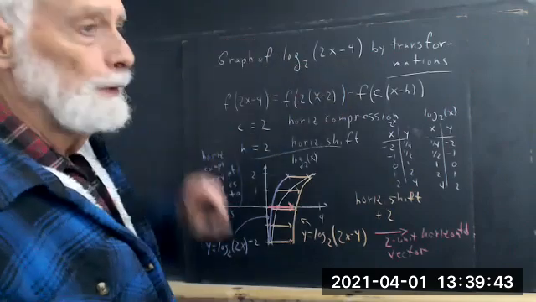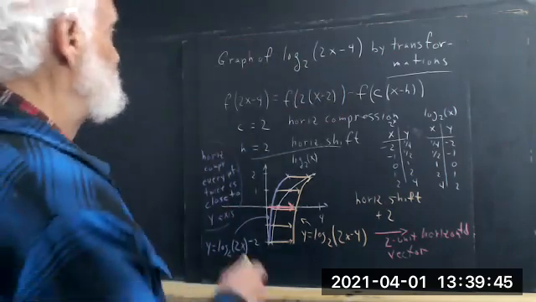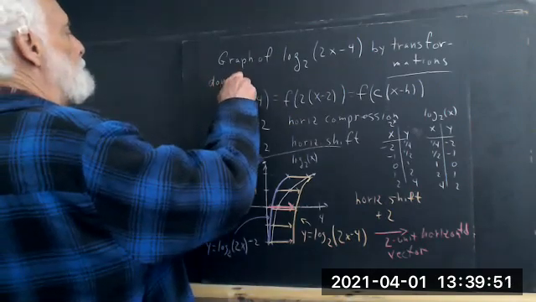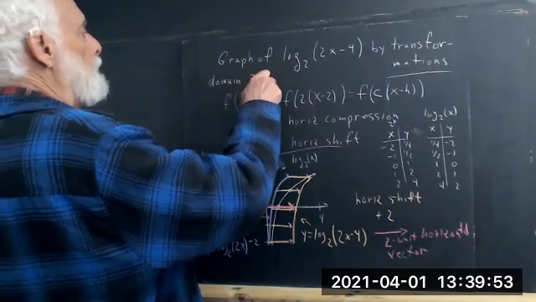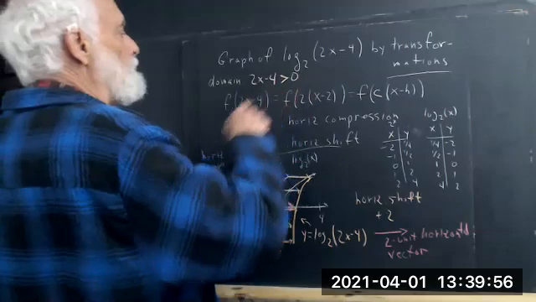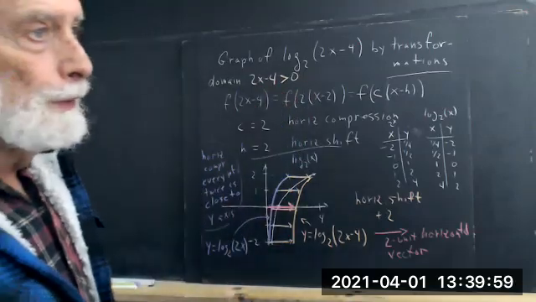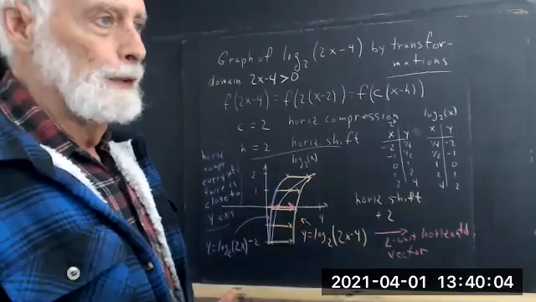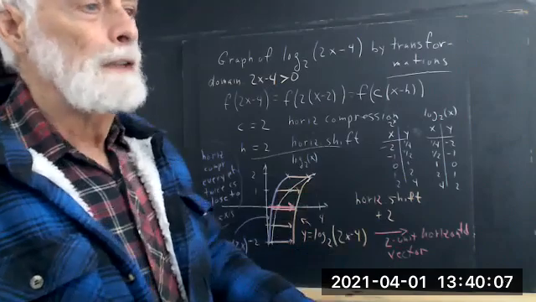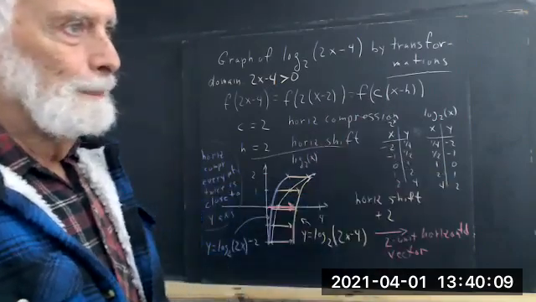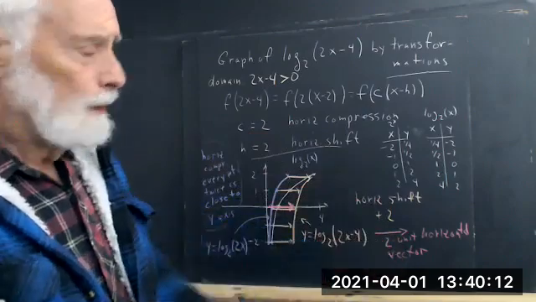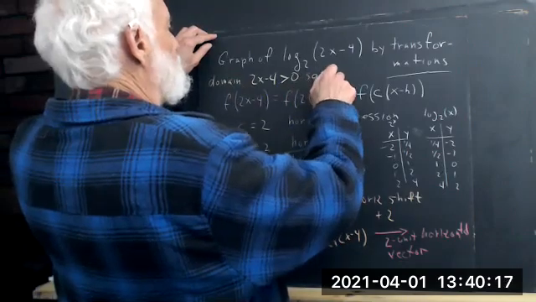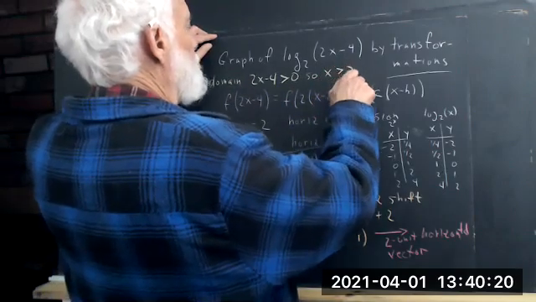Okay, I got some space here, so I'm just going to write out the domain. Well, 2x minus 4 has to be greater than 0 because you can't apply a log to something that's less than 0, because the exponential function can't be less than 0. And make sure you understand that connection, that the domain 2x minus 4 is greater than 0. So x has to be greater than 2.